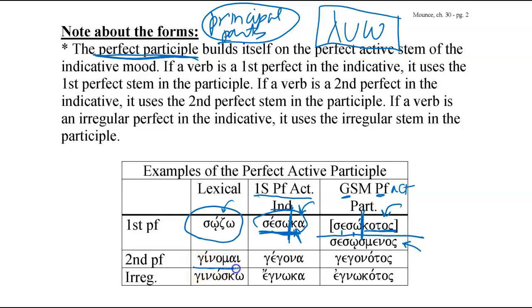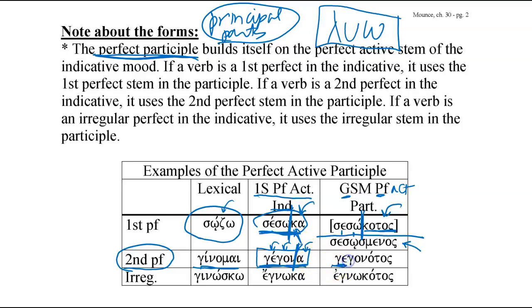So ginomai, for example, it uses a second perfect form. So if you memorize as part of your principal parts, as part of vocabulary, that the perfect active indicative principal part is gegona. This is the base. And so here is the stem gegon, where ge is reduplication, gon is going to be your stem, and then the second perfect drops the kappa, so that's your indicative mood. It would follow the stem of the principal part.